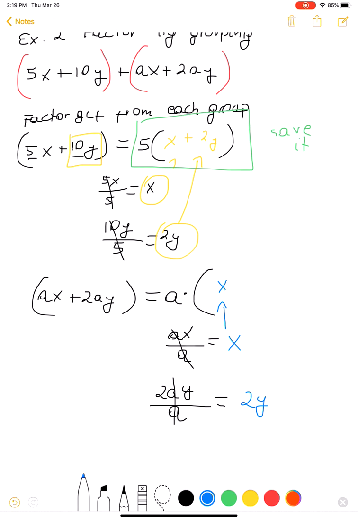Okay, and that 2y goes right here. Plus 2y. Okay, the same idea, save it.